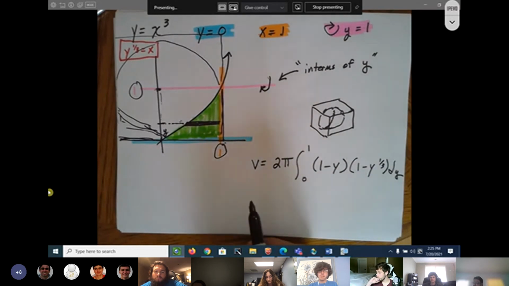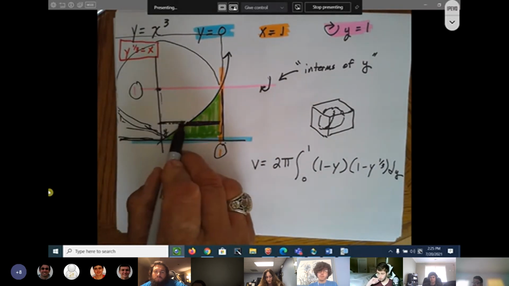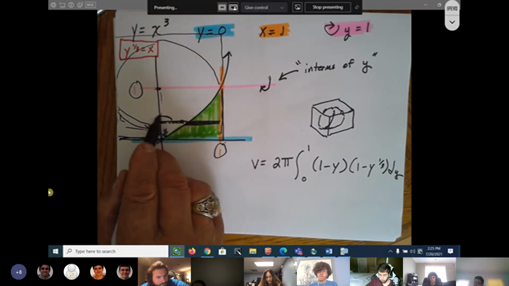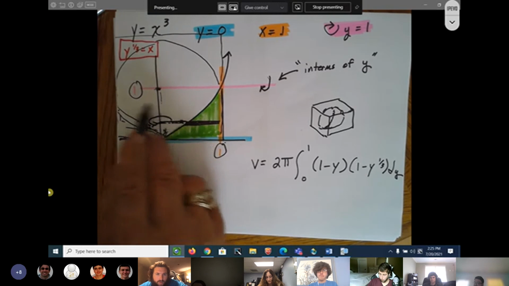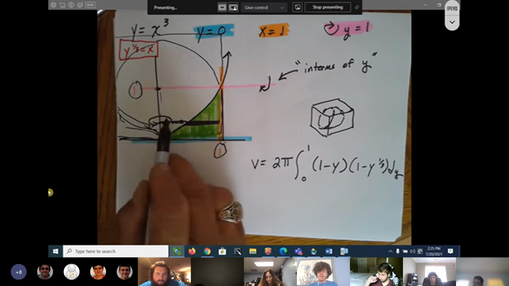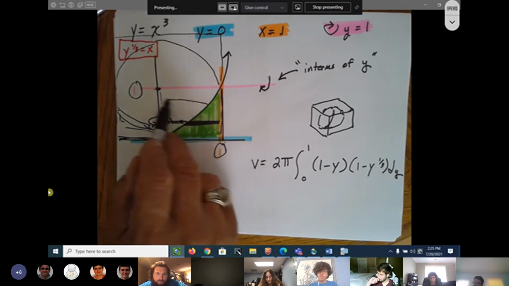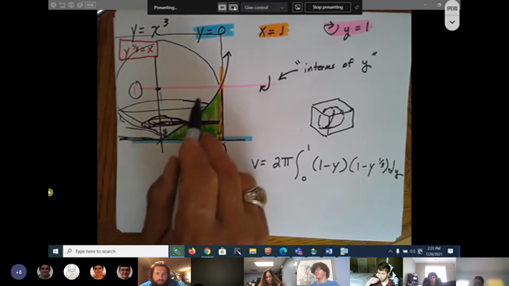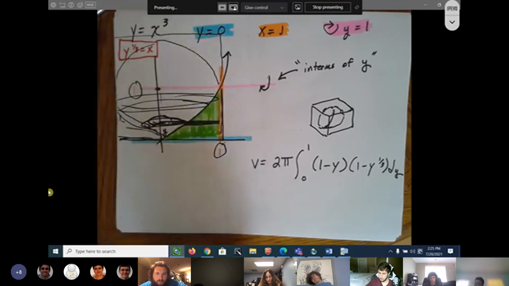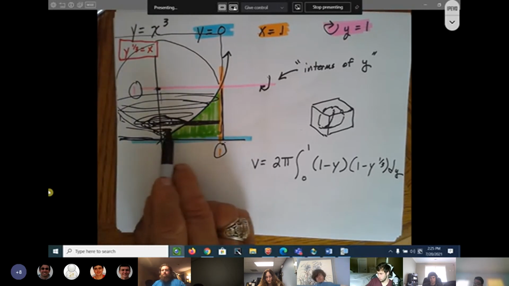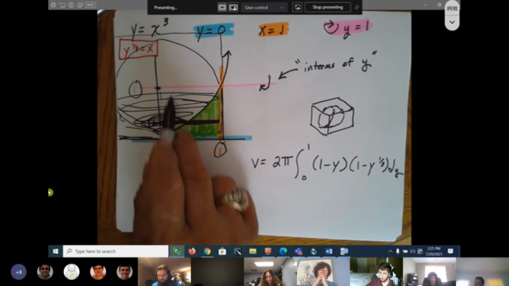You've got to remember, this right here is your disk, and it's going round and round this y-axis. It's got to go from 0 to 1, so it's going round and round, and this circle right here is getting bigger each time as this black cursor moves up.